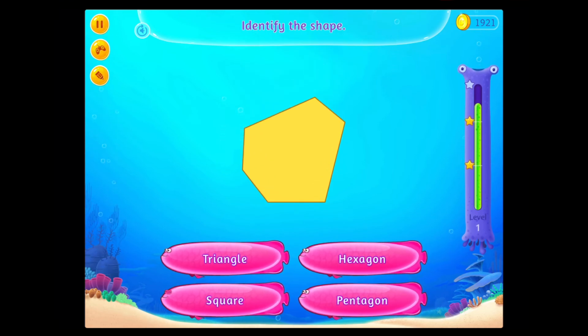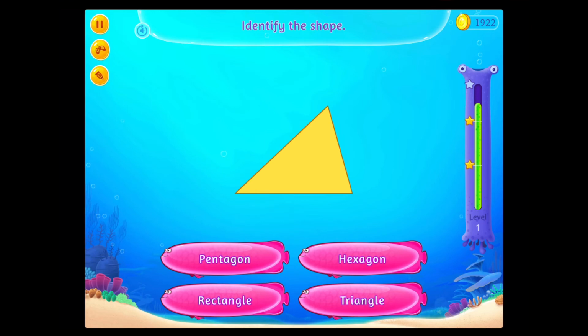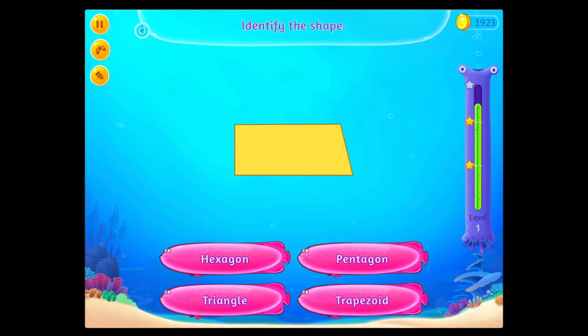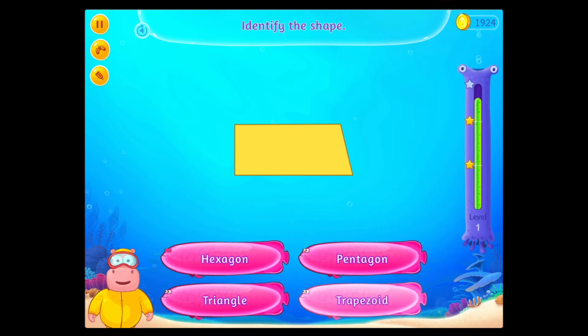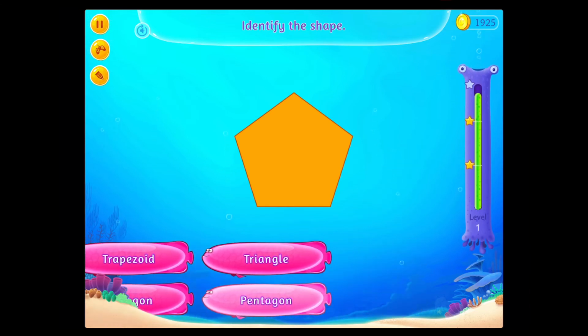Identify the shape. Fantastic. Identify the shape. On a roll. Identify the shape. Rockstar. Identify the shape. That's right.